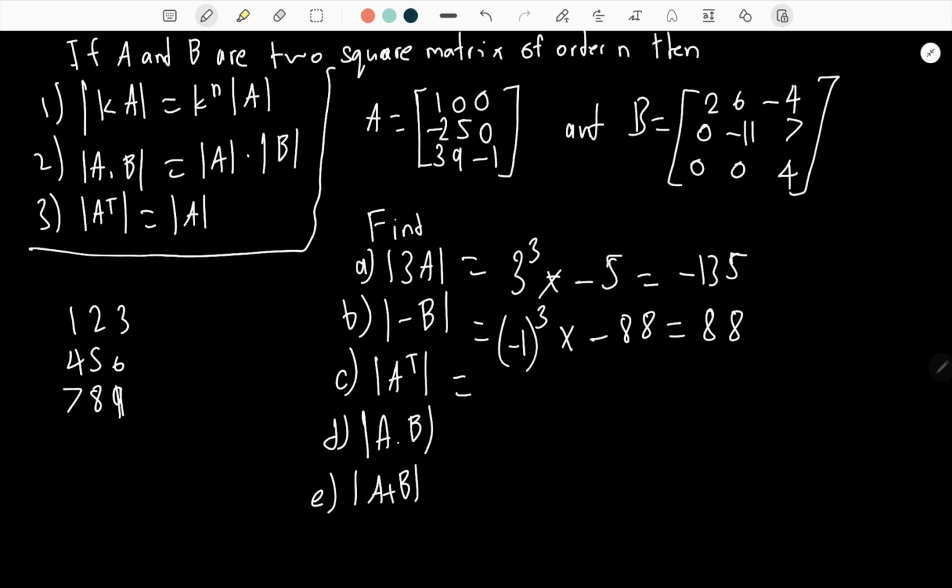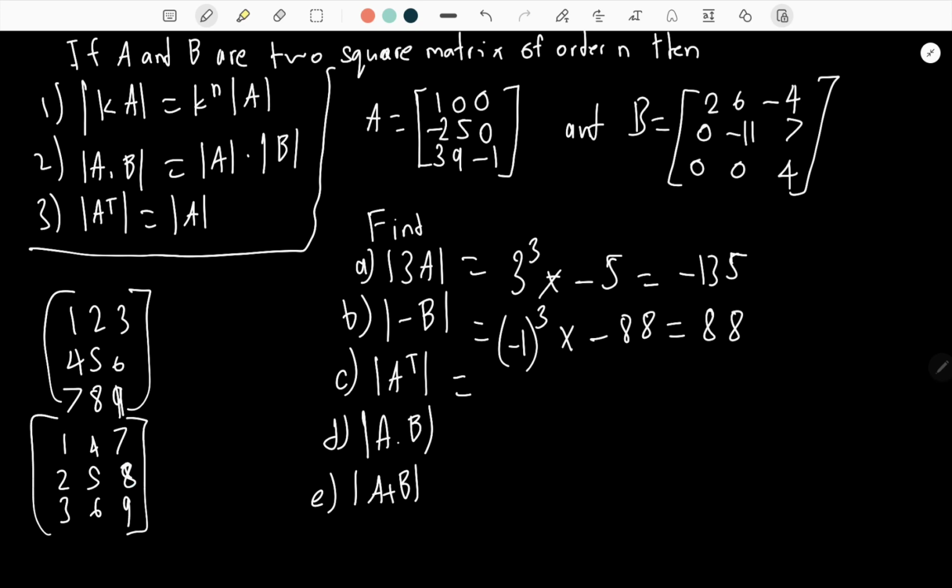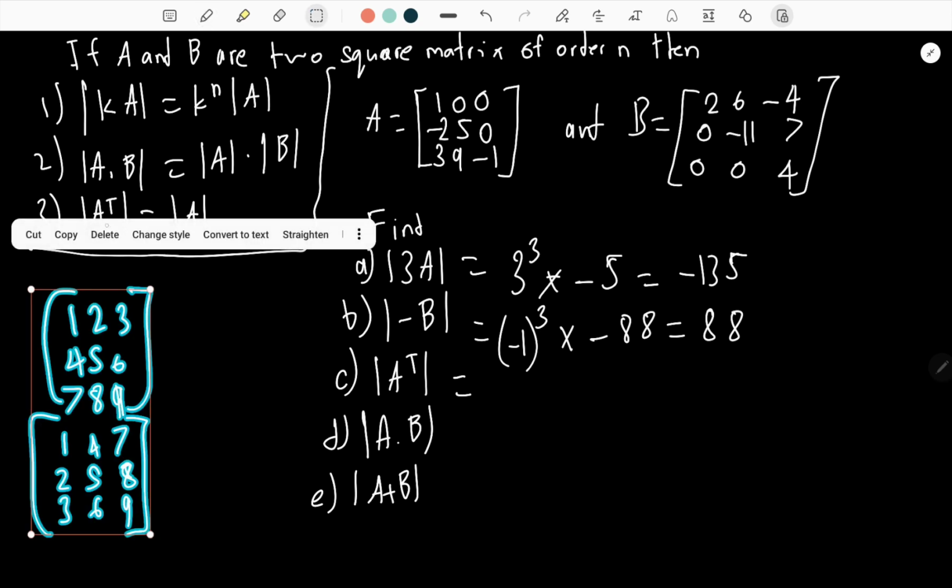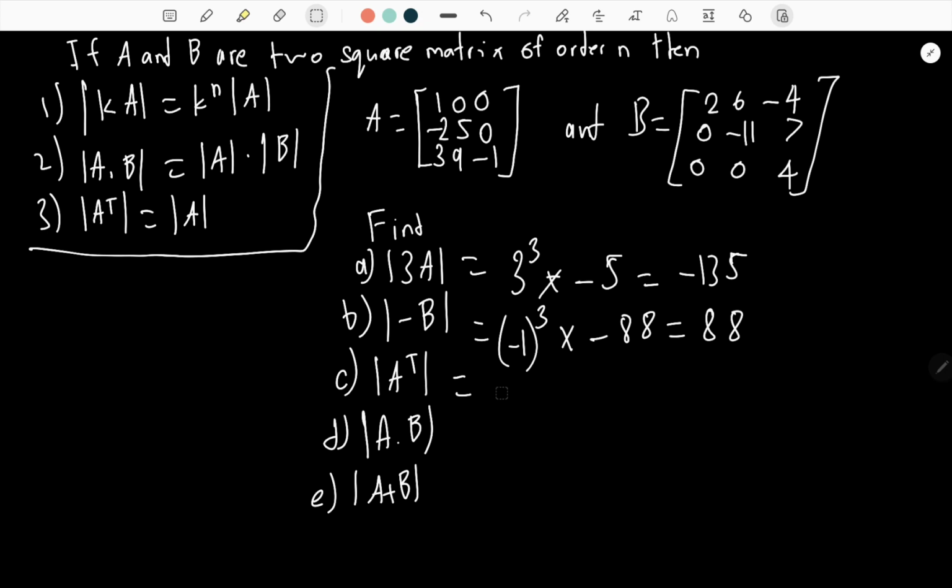We just flip the rows and columns, so the transpose of this matrix becomes 1 4 7, 2 5 8, 3 6 9. So that is what transpose means. It does not change the determinant, so the answer for this will be -5.